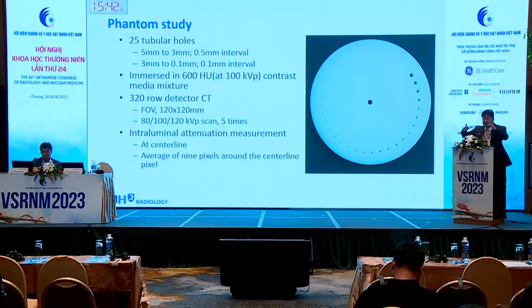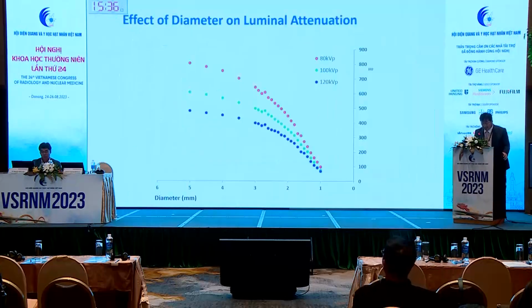I immersed this phantom in contrast media. That means all the holes were filled with the same concentration of contrast media. And then I measured the peak attenuation of each vessel. What happens? As you can see, the 1 millimeter hole with the same concentration of contrast media has only 100 Hounsfield units, while the 5 millimeter vessel has 500 to 800.